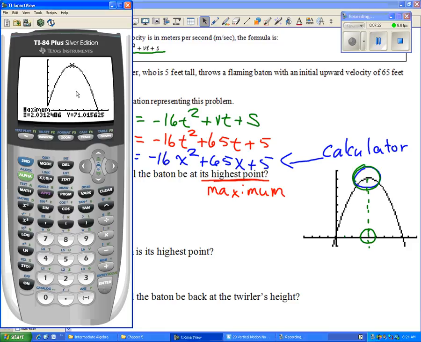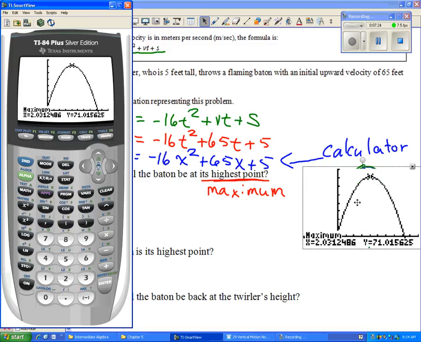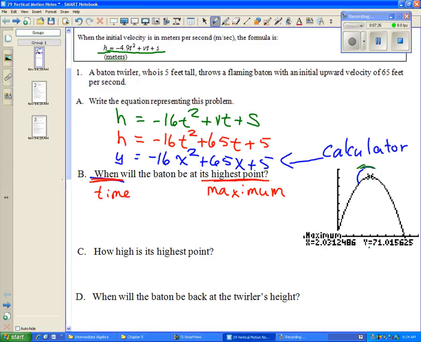So I'm going to go ahead and slide this over here, and I now have this maximum point. I know that time is x, so my time x is t, which is 2.03 seconds. That's where I got it from that equation. Oh, wrong place. Let's go ahead and put it up here in B. X is my time t, which is 2.03 seconds.